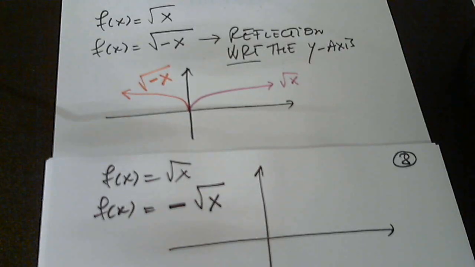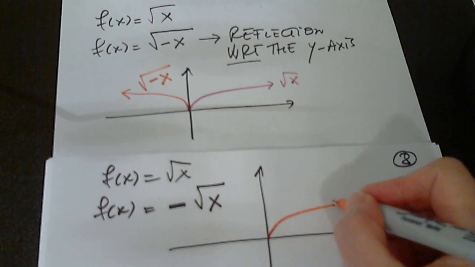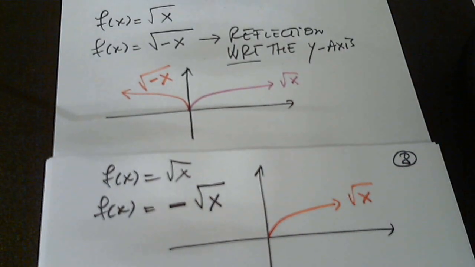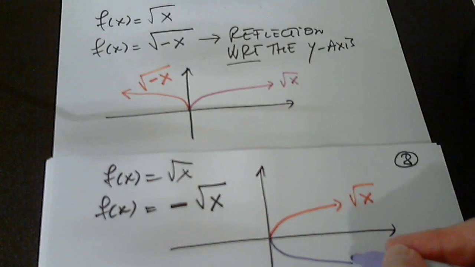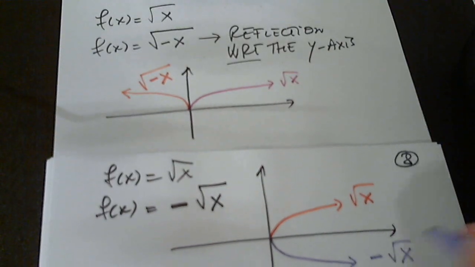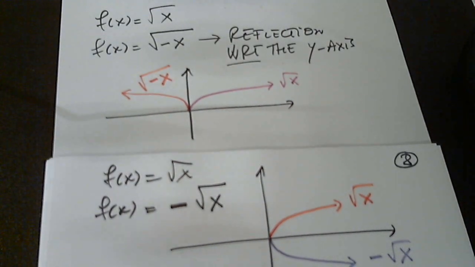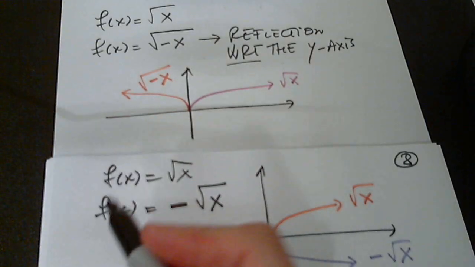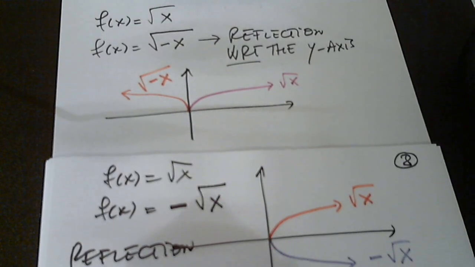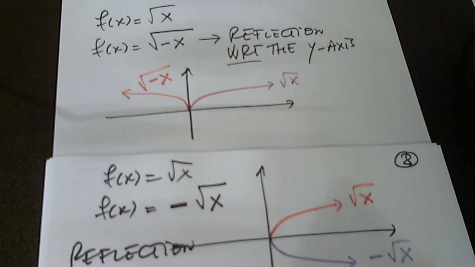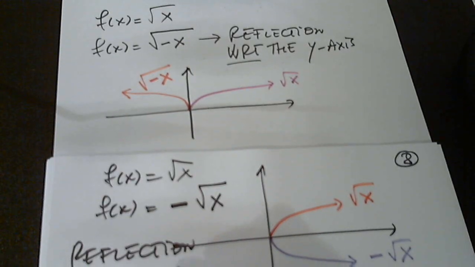So the square root of x is this, but the opposite of the square root of x is this. And this is a reflection with respect to the x-axis. Reflection WRT, with respect to the x-axis.